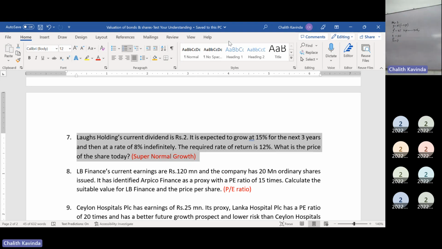For how many years do you need to consider in this question? Apparently 3 years, because the dividend will be increased at 15% for 3 years. So you have year 1, year 2, year 3.